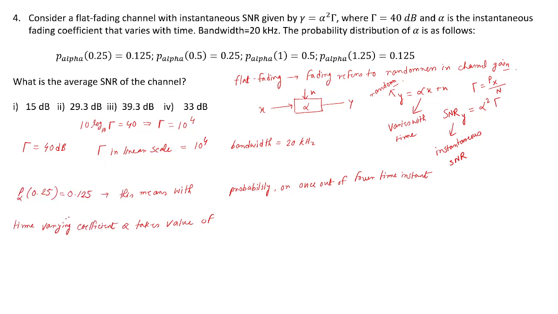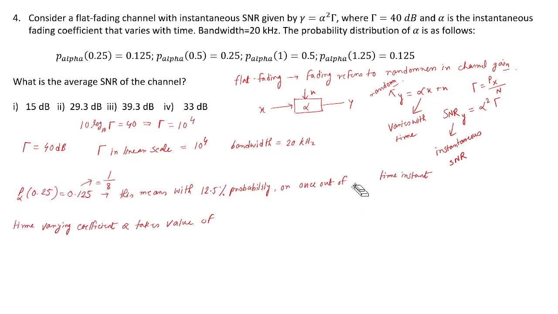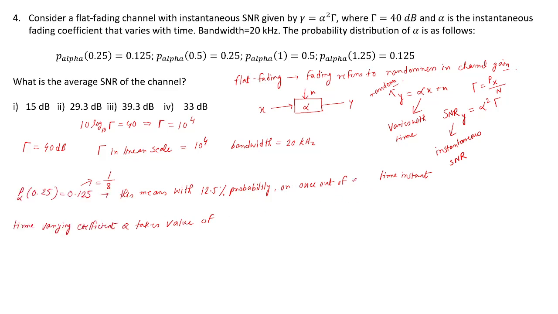Probability is actually 0.125. 0.125 is actually 1 by 8. So with 12.5% probability, or once out of every 8 time instants, alpha takes the value of 0.25.